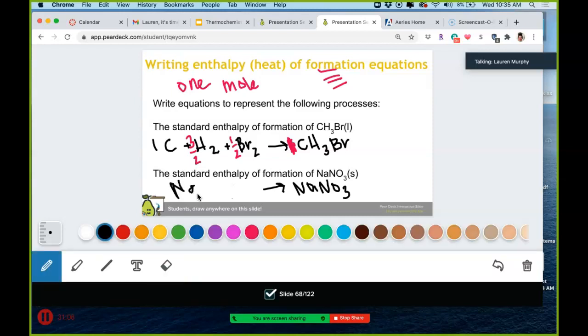Sodium is one of them, and it's a metal, so I just leave it like that. Nitrogen is one of our diatomics, so I write it as N2, and so is oxygen. Then this would be 1/2 N2, because 1/2 times 2 is 1 nitrogen. And then this is an ugly 3 halves times 2, because that will give me 3 oxygens. This is the formation of 1 mole of a compound from its elements.